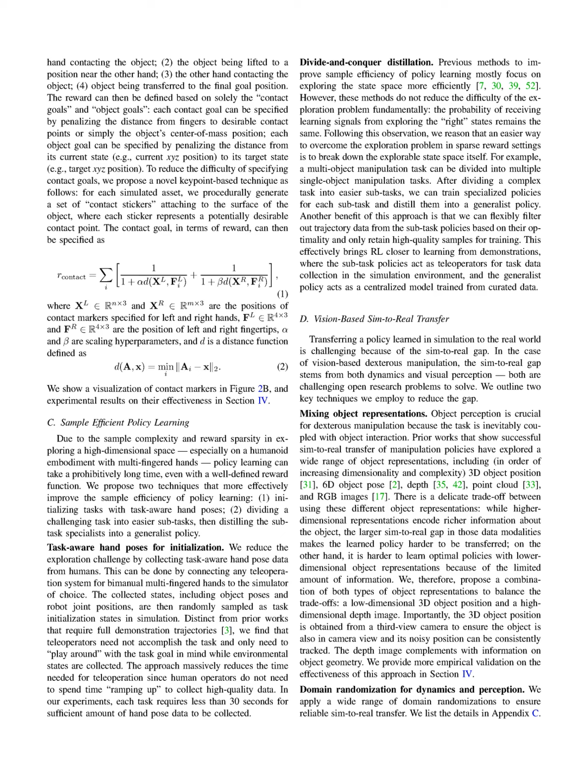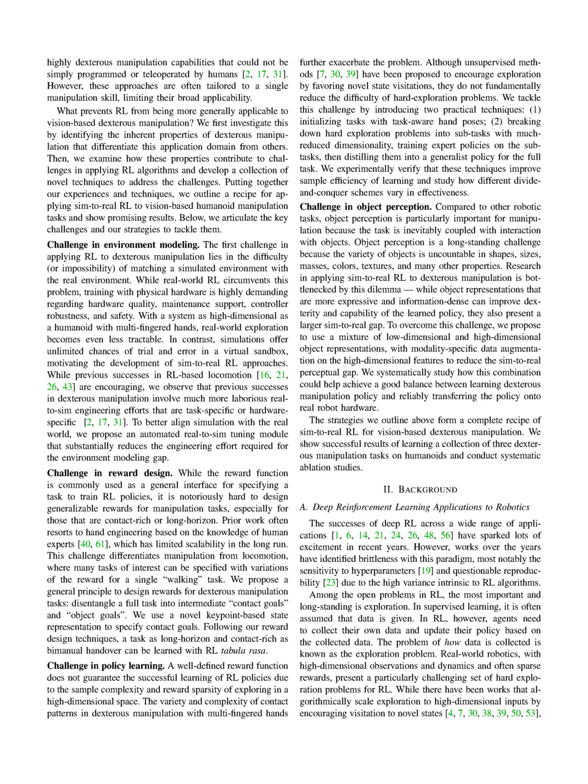Next, the reward design is structured around breaking down complex manipulation tasks into intermediate contact goals and object goals. This involves using a novel keypoint-based state representation to specify contact goals, allowing for a more effective reward signal that can guide the RL agent through long-horizon, contact-rich tasks.